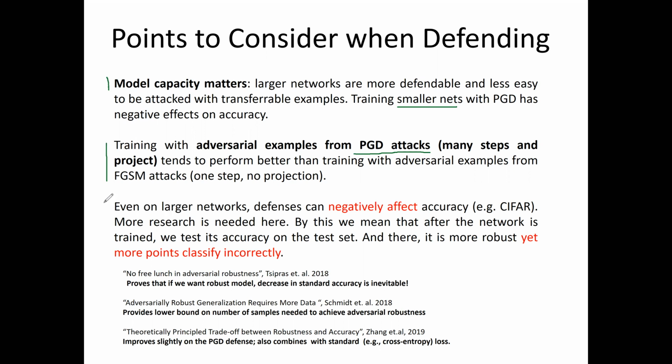Now, of course, even with these adversarial defenses, what we're seeing is that state-of-the-art defenses still negatively affect the accuracy. The natural accuracy, the standard accuracy, goes down, although you get much better adversarial accuracy.